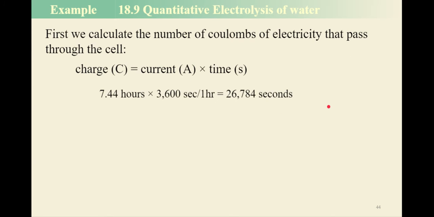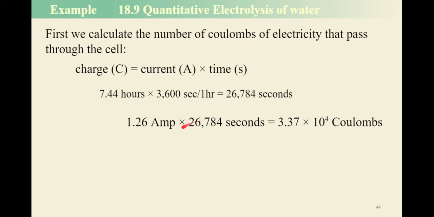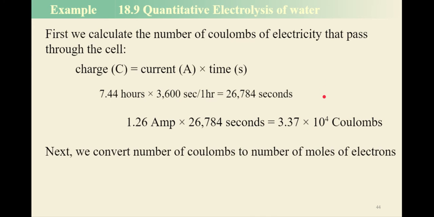So we have 7.44 hours. There's 3,600 seconds in an hour, so that's 26,700 seconds. Well, a 1.26 amperage times that time gives us a total charge of this many coulombs.